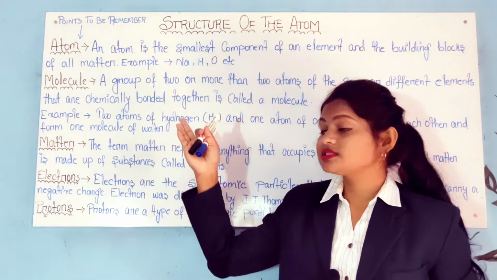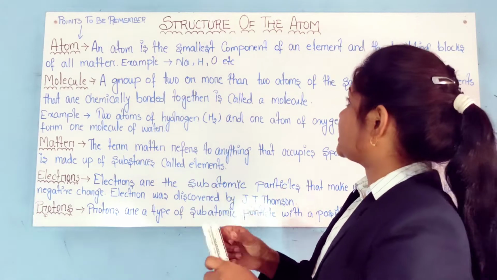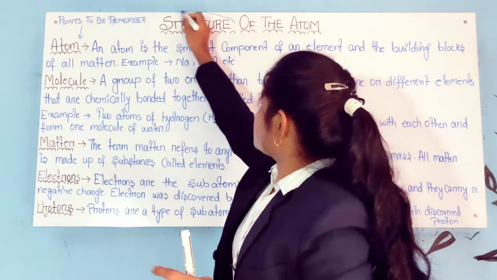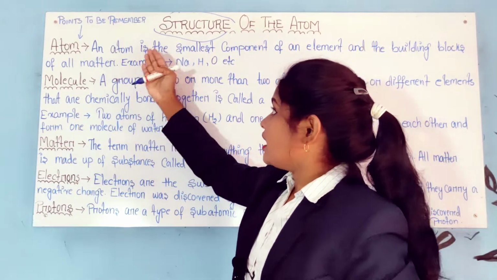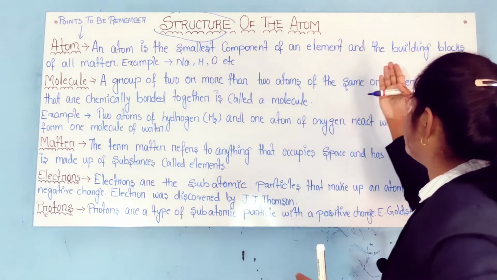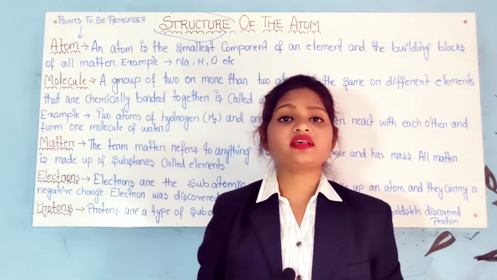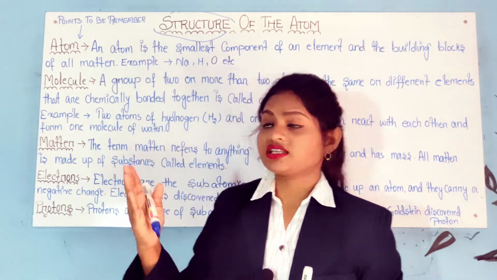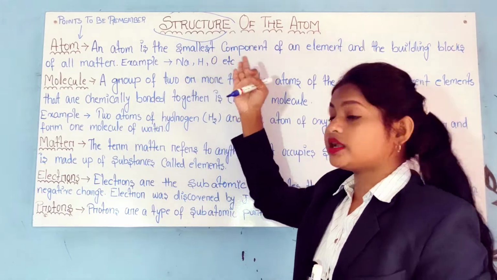Now I have written some definitions of atoms and molecules here. As I said, structure means shape and size. An atom is the smallest component of an element and the building block of all matter. I have also given some examples of atoms, like sodium, hydrogen and oxygen.